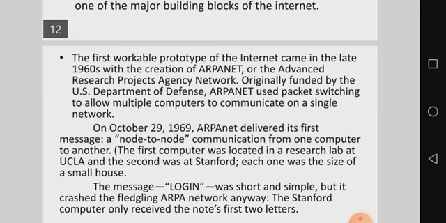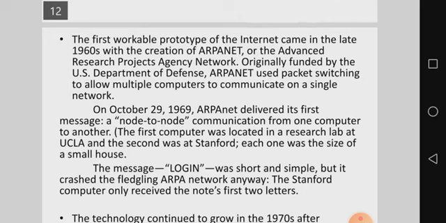So, to counter that invention by the Soviet Union, the US Department of Defense launched a project called ARPANET. ARPANET was the first network where computers were connected together.